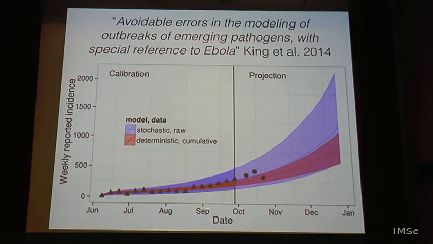So again, same raw data, but a different way to present it, cumulative versus just incidence, and a different type of model, stochastic versus deterministic. Obviously with a stochastic model, you have such a big range of estimates that the 1.4 million estimate would have come with very wide credible intervals.